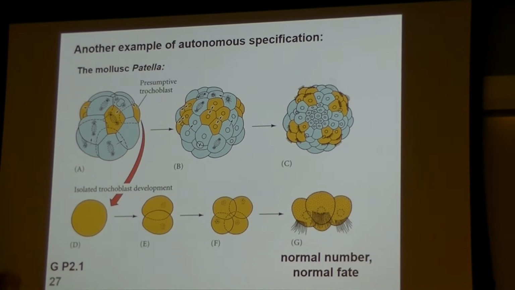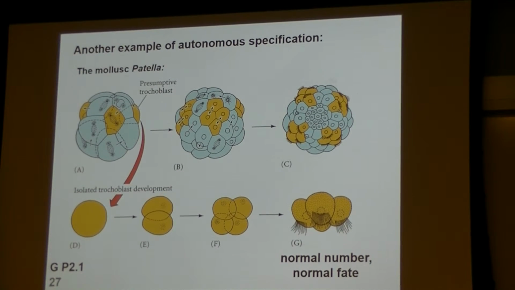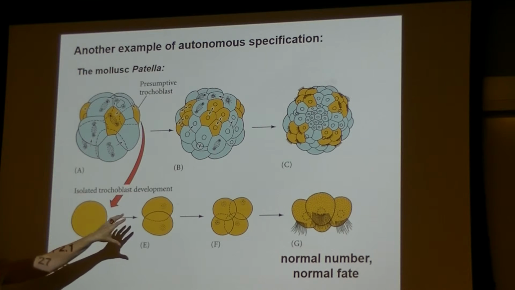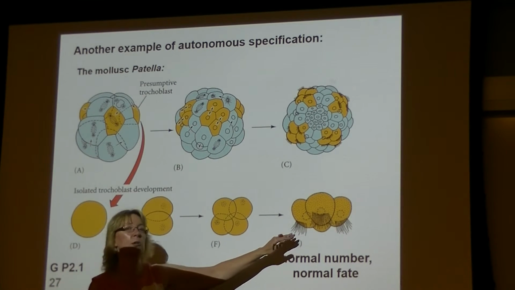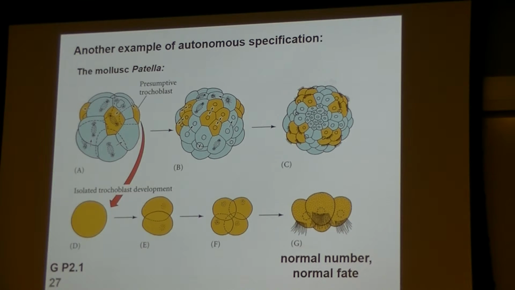And you can find cells in the early embryo that are beginning to be fated or specified to be these trophoblast cells. You can separate them out and isolate them, culture them individually, and once again you get the normal number and the normal cell fate from these individual cells, indicating the extremely cell autonomous mechanism driving them to take on this particular fate in life.